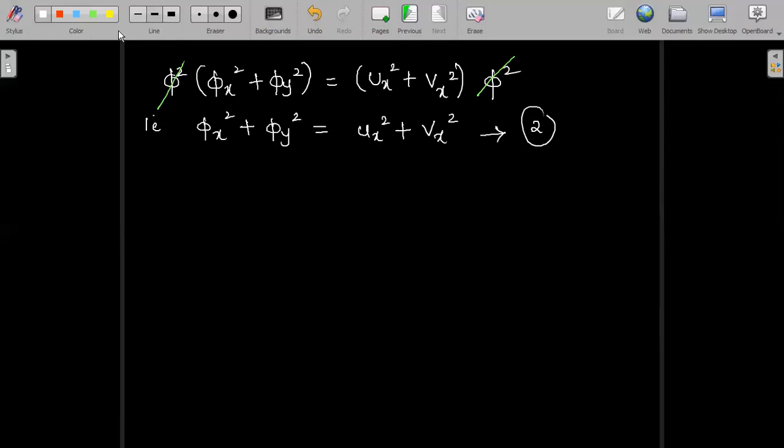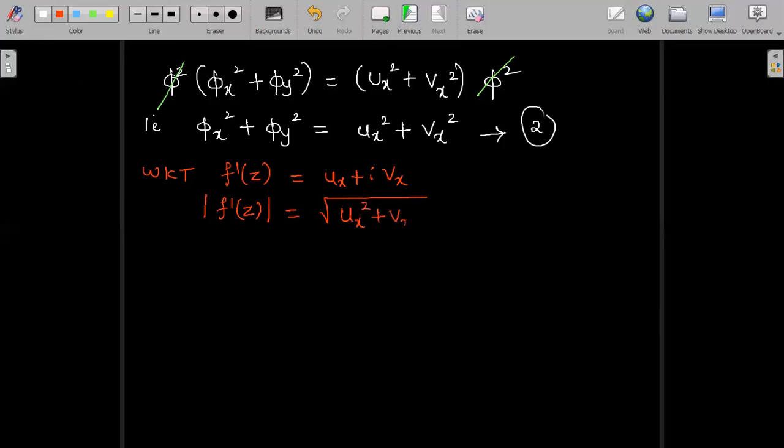Now we use the expression with f dash of z, which we are familiar with. So we know that f dash of z is equal to ux plus i into vx. Now taking modulus of f dash z. Again, why modulus? Because it is our requirement. You can just see what is to be proved, the requirement, what is to be shown.